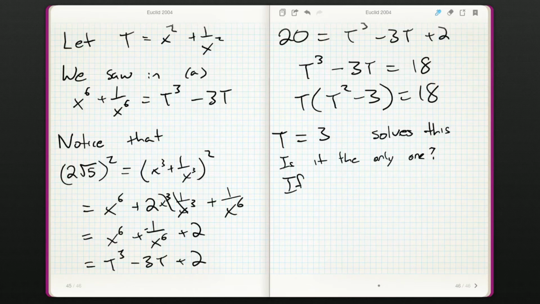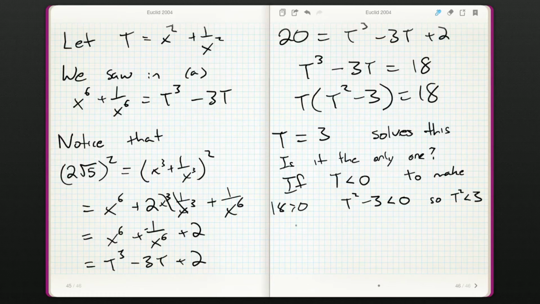So if t were negative, to make 18, which is positive, we would need t squared minus 3 to be negative. So we would need t squared to be less than 3. So in absolute value, t would have to be less than square root of 3.